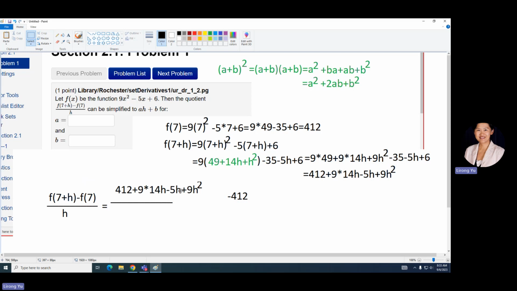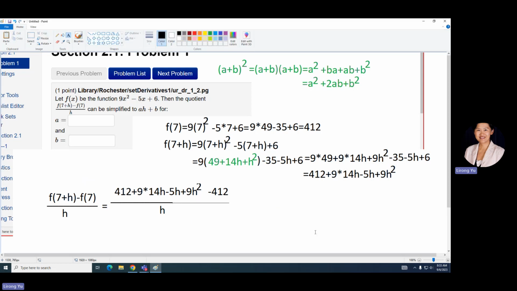So this is equal to f of 7 plus h minus 412, and this is divided by h.